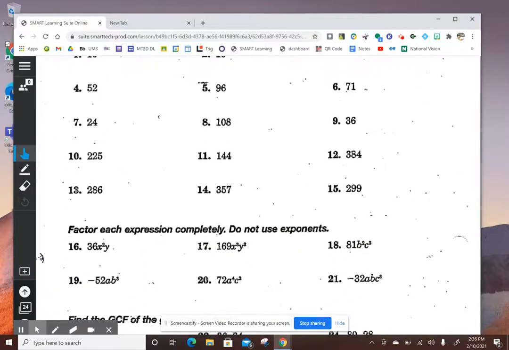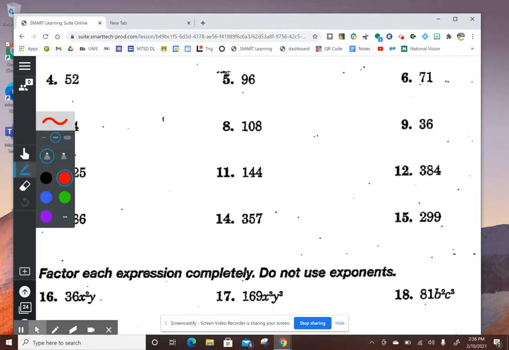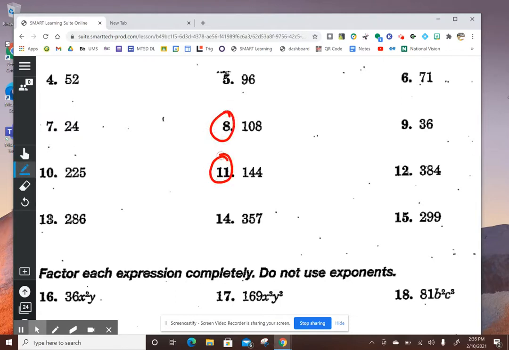Let's do prime factorization of, let's say, 108, 144, and 357. So 108, I'm going to first divide by 2 and get 54.